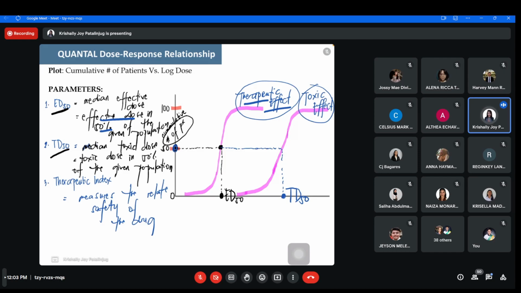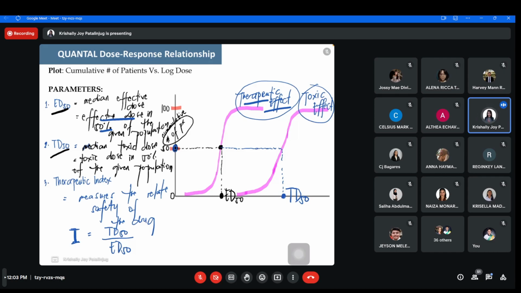So in order to determine the therapeutic index, which is usually designated with capital I, therapeutic index, it's TD50 over ED50. Okay, it's the ratio of the dose that produces toxicity to that of the dose that produces the desired response. Okay, or the effective response or therapeutic response.